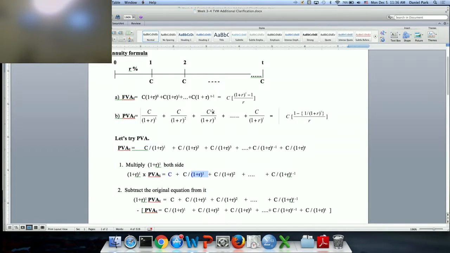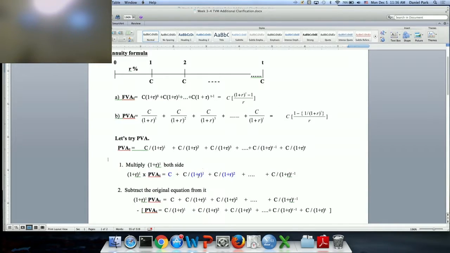The third one, we multiply by 1 plus R again, then this one becomes 2, (1 plus R) to the power of 2. Because each one we multiply by 1 plus R, that goes to the numerator, and the denominator has the other 1 plus R, which we cancel out. The first one is cancelled out, C only left.